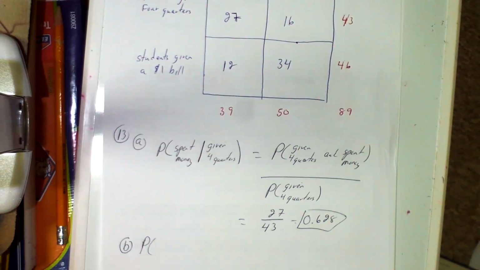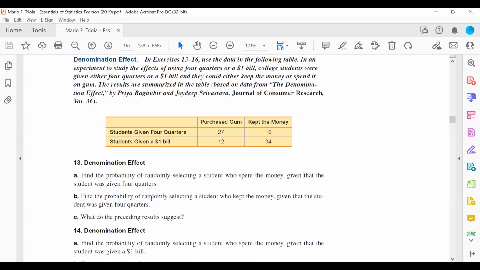Now let's do part B. So part B asks us to find the probability of randomly selecting a student who kept the money given. All right, so kept money. I've got to write kept money, slash given.